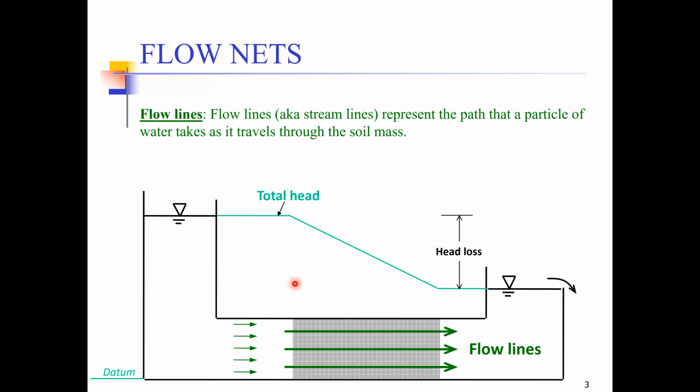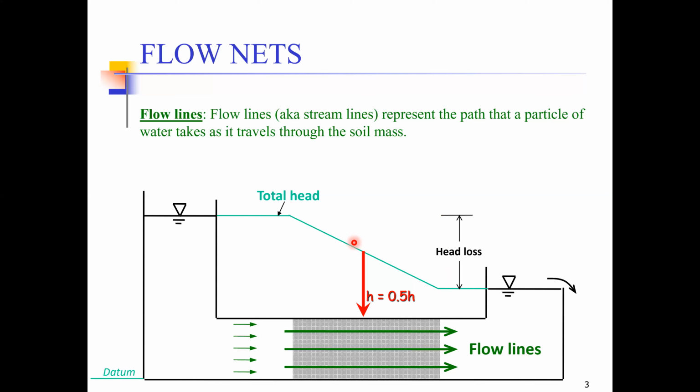If I ask you what is the total head at the center of this soil specimen, you can tell me that if this head loss is, let's say, H, then at the middle of the soil sample, the head loss would be half of H. So if this total head loss is small h, at the middle of the soil sample, head loss would be half of it.